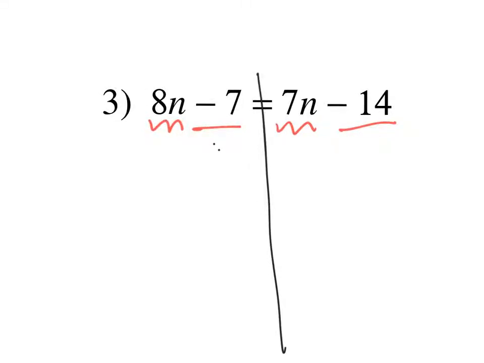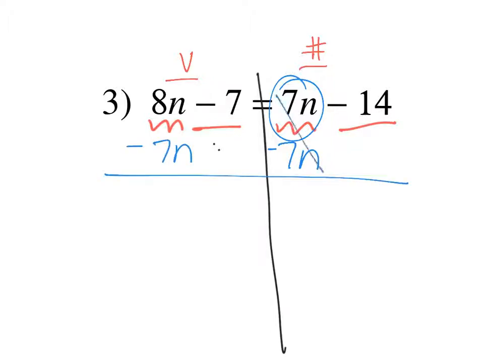I'm going to look, I have 8n and I have 7n. My 8n is greater, so I'm going to call that my variable side, call my other side my number side. So now I go to my number side and I want to move the variable over there. So I've got to move this 7n. It's a positive 7n, so I'm going to subtract 7n. Those cancel.